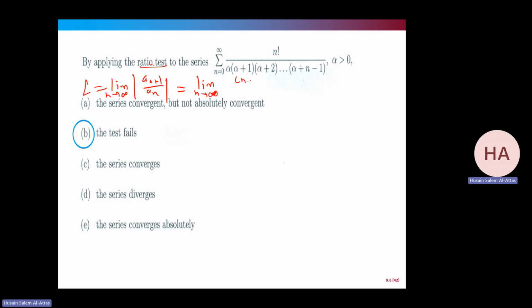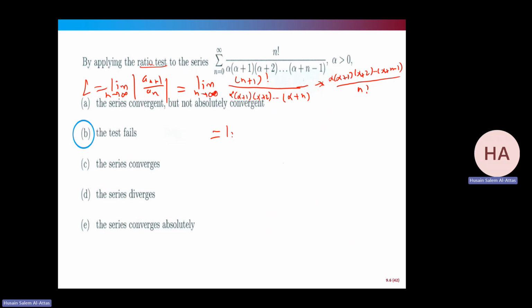I have n plus 1 factorial over alpha plus 1, alpha plus 2, until I reach alpha plus n plus 1 minus 1, so alpha plus n, the reciprocal of this over n factorial.